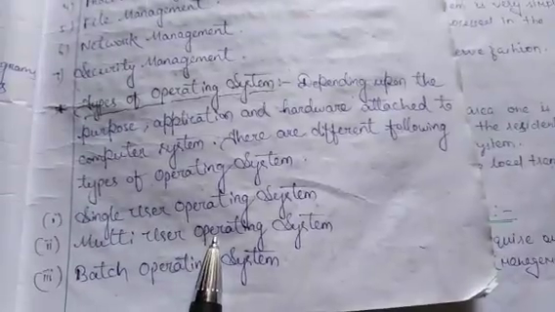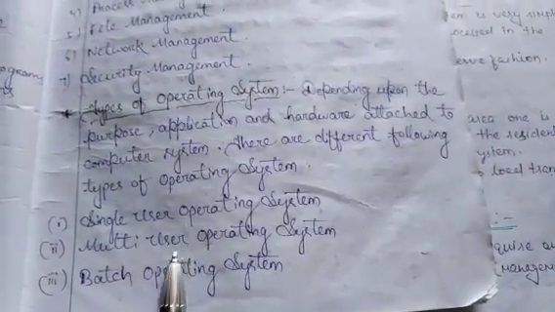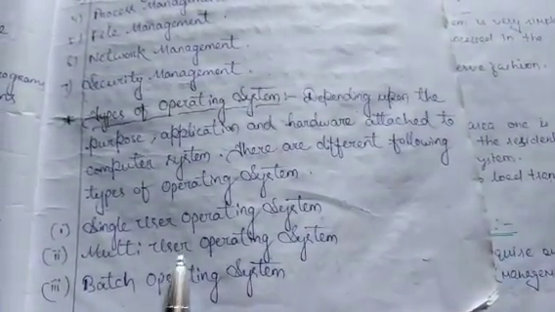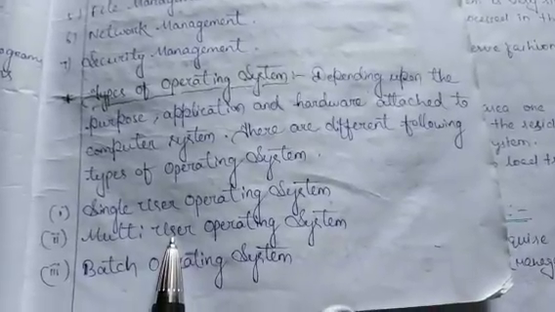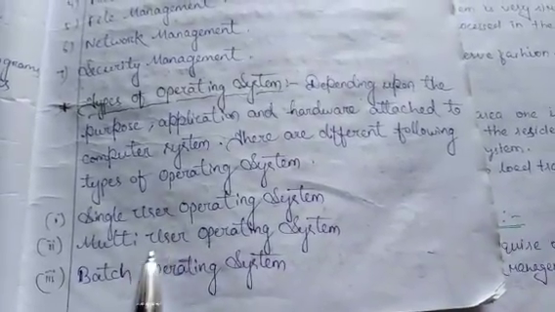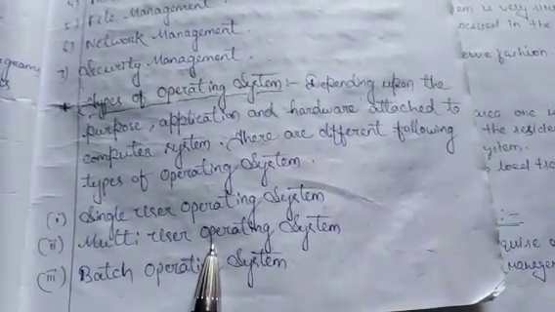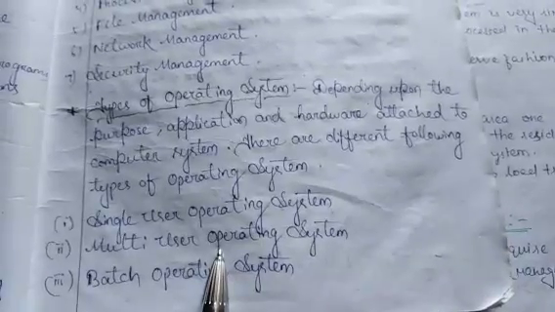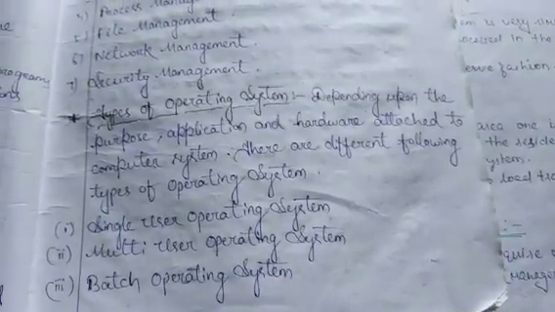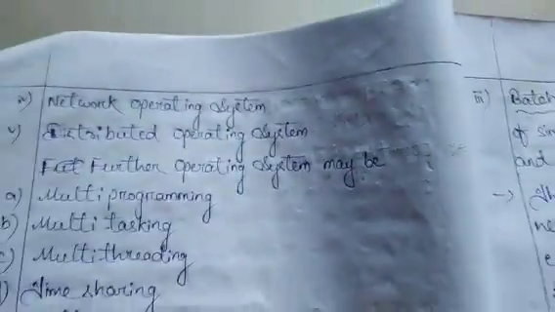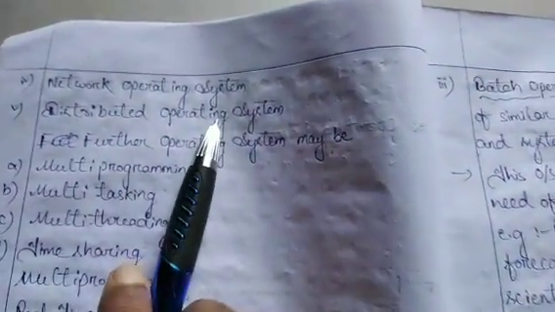In multi-user operating system, on the same computer at a time, several users can operate. Example Linux or Unix. And a batch operating system, and also there are some network operating system and a distributed operating system. This you will learn one by one.